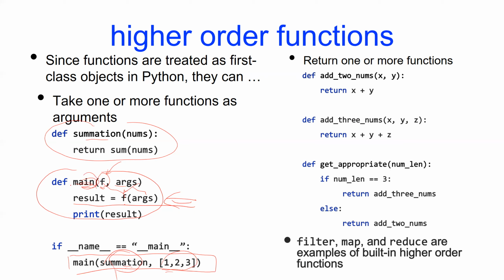Then the function main's behavior will really depend on what you are passing in. So you can see here that we are able to pass a function as a parameter to another function. So then your second function's behavior will really depend on what you are passing to that function. Okay, so this can be very useful. We will talk more about this.